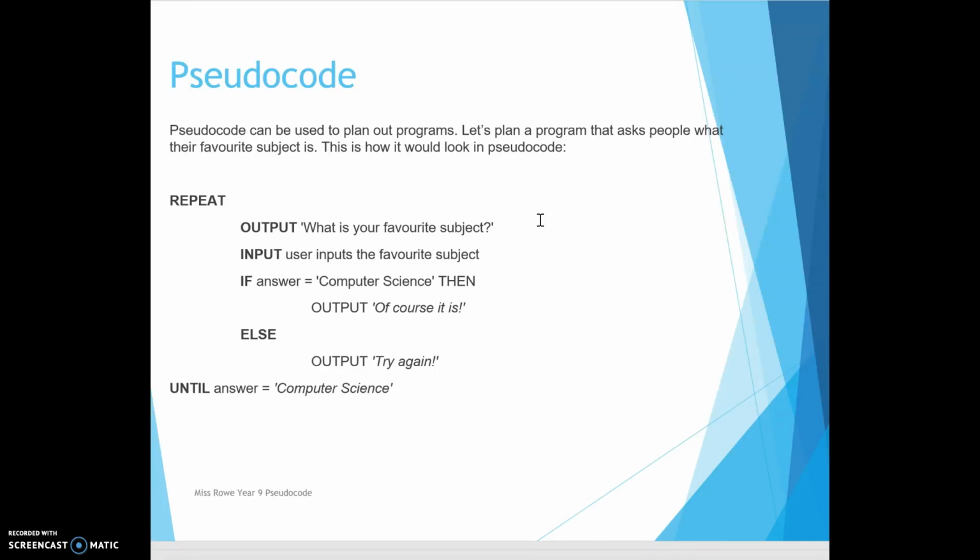If answer equals computer science, then output, of course it is, else, output, try again. I've just said their favourite subject is maths, so they've put maths in there. So if answer is computer science, then output, else, try again. Try again. What is your favourite subject? Computer science. Of course it is. Obviously until as well, so it's repeat until it's computer science. That also covers the capital letters as well.